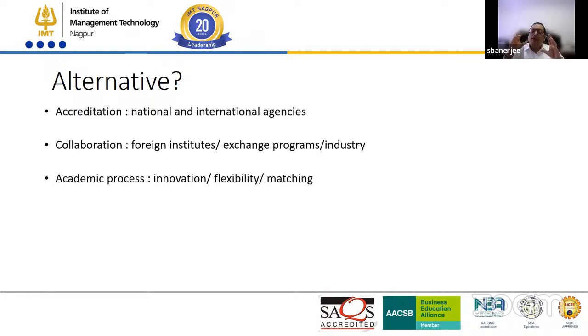Is there a collaboration they have with organizations like IBM, KPMG, Bloomberg, and all, where there are many innovative ways in which your regular classroom teaching is supplemented by various certification courses, short-term courses, and additional learning facilities and all?